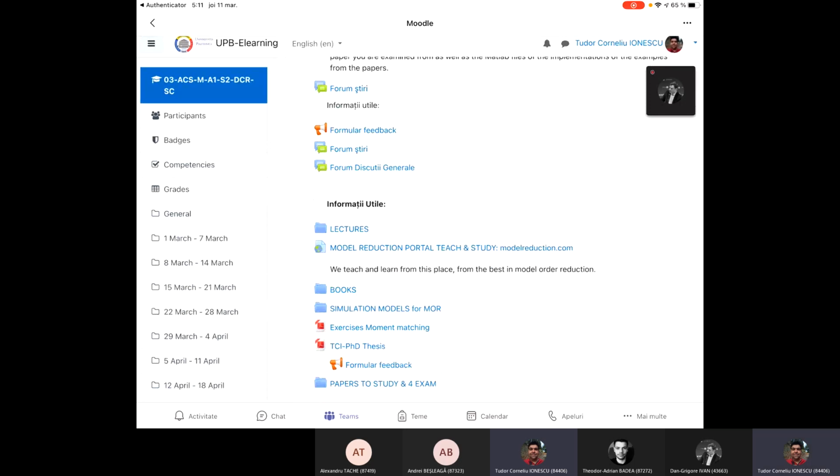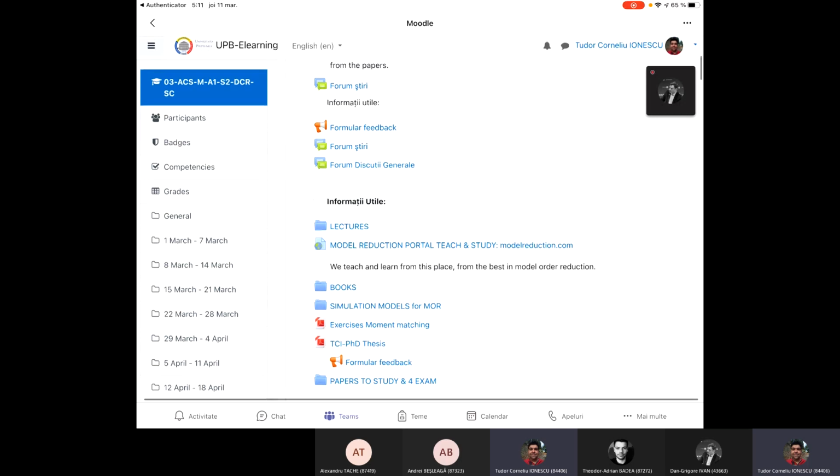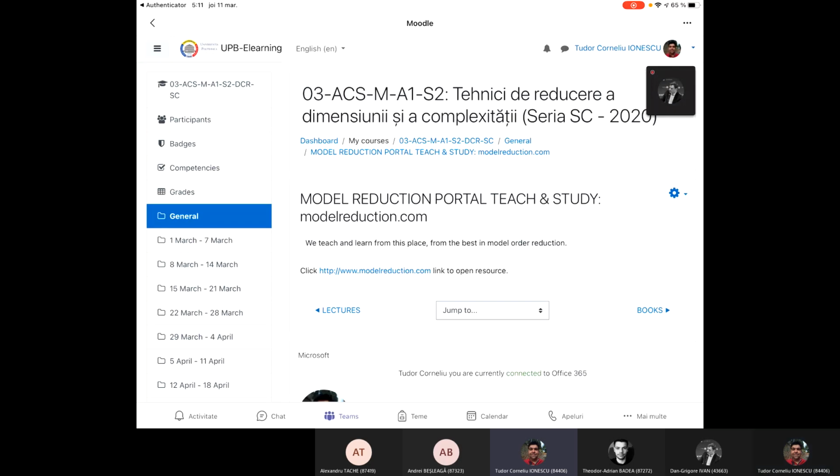There is this model order reduction portal. As you can see, do you see the link here? I'm talking about this link. You can see my screen, right? Yes. Okay. So you see the link here. Let's open this link. Modelreduction.com.